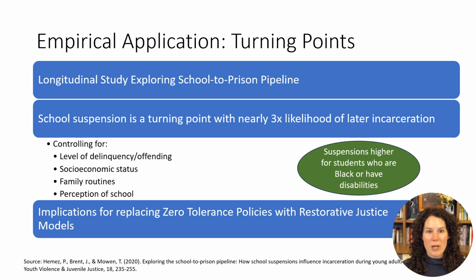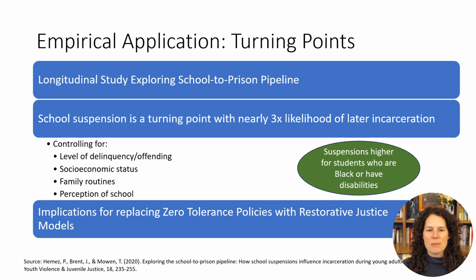Researchers also just pointed out, in addition to higher rates of incarceration, suspension is associated with lower levels of school attendance following suspension, lower self-esteem after suspension, poorer academic performance, less likely to graduate, more likely to drop out, higher levels of anxiety, more likelihood of getting arrested.